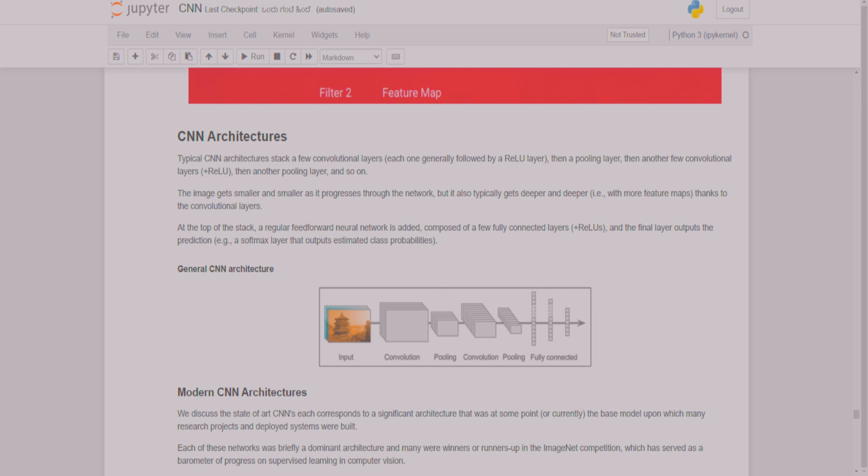Once ReLU was invented and its usage was justified, from there onwards you don't have sigmoid coming into the picture. You have all the layers with ReLU. That's the general architecture you are seeing on the screen.